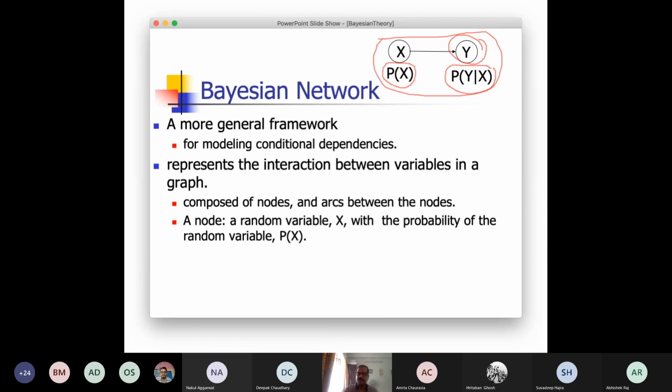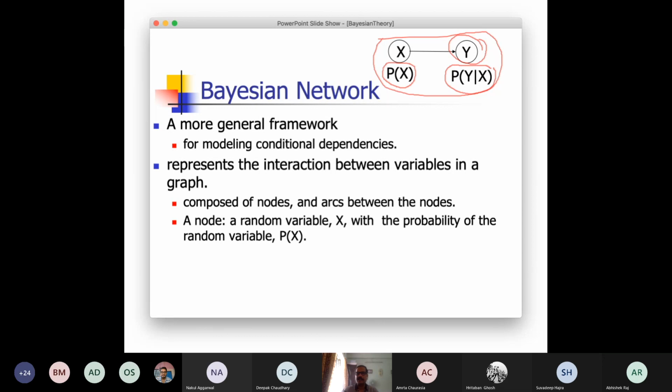So the Bayesian network involves representations where this is called topology, that means the structure of the graph, and also the labeling of the nodes in terms of random variables. Finally, you should also have their probability distributions at the nodes, so that you are representing the joint probability distribution of these two random variables.